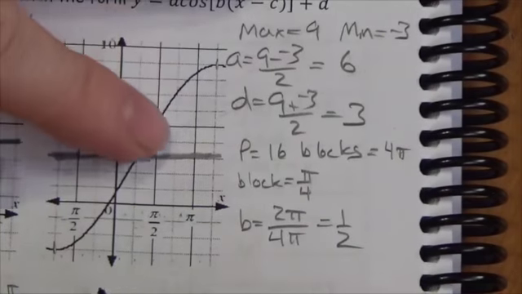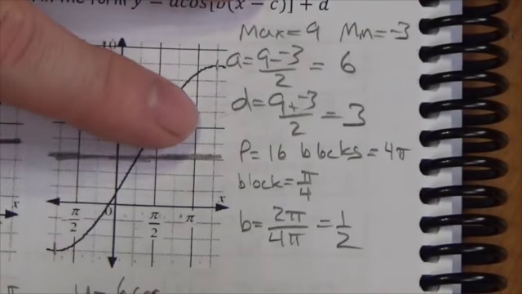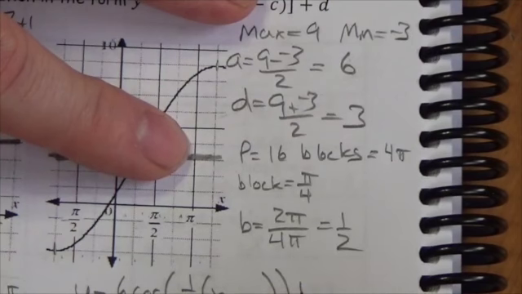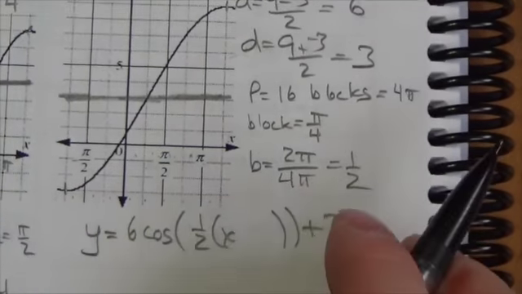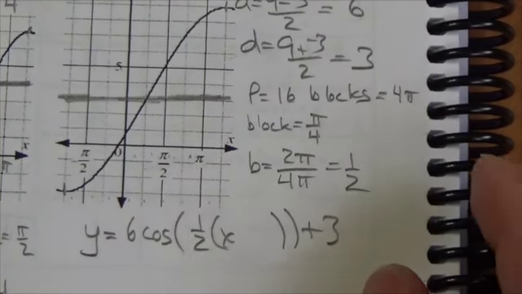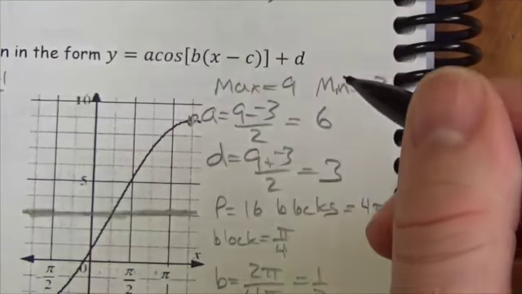So at this point, what I've got for my equation is y equals 6 cosine of 1/2, close bracket here, and then plus 3. What I don't know is my phase shift. Sorry, you can't see that. What I don't know is my phase shift here. But I know that cosine starts at the top, so this is a good starting point for cosine.